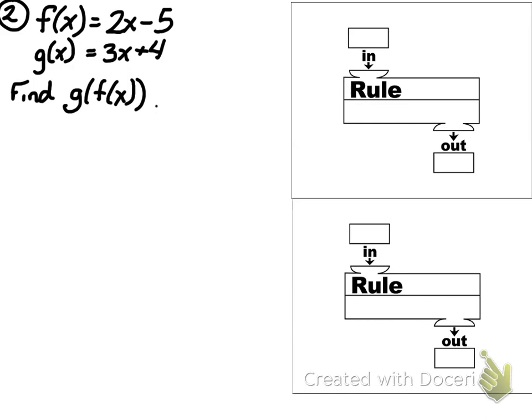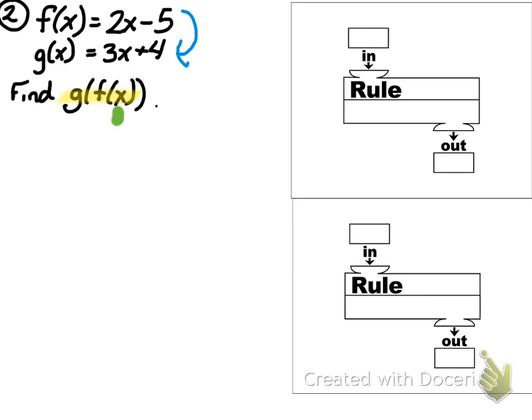Now, here's another example of a composite function. This one's already written in that second format, where we have g of f of x. The letters don't have to be in any certain order here, but they tell us the order we're going to solve it in. So this time we're going to plug the f function into the g function. But if you look here, that's a variable.